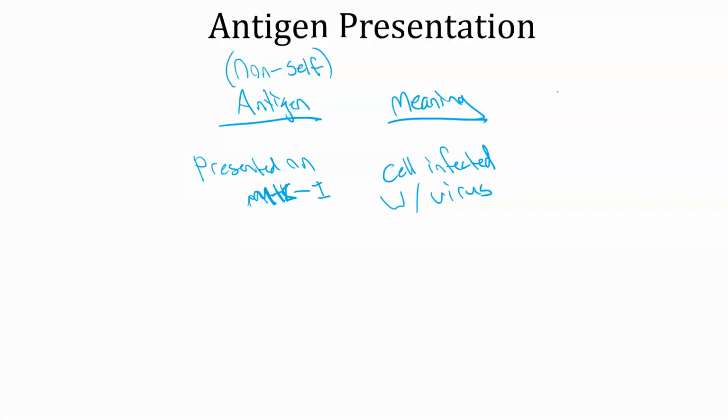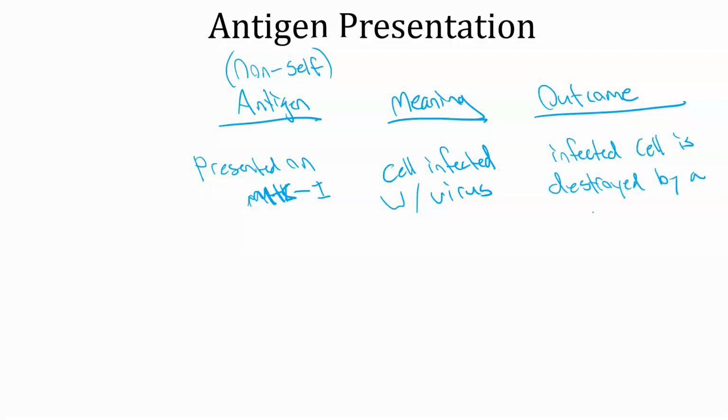And so then there's going to be an outcome of this. Generally the outcome is the infected cell is destroyed by a cytotoxic T cell. Okay, that's one side of the coin. This is all called cell-mediated immunity. It's all part of the adaptive immune system.